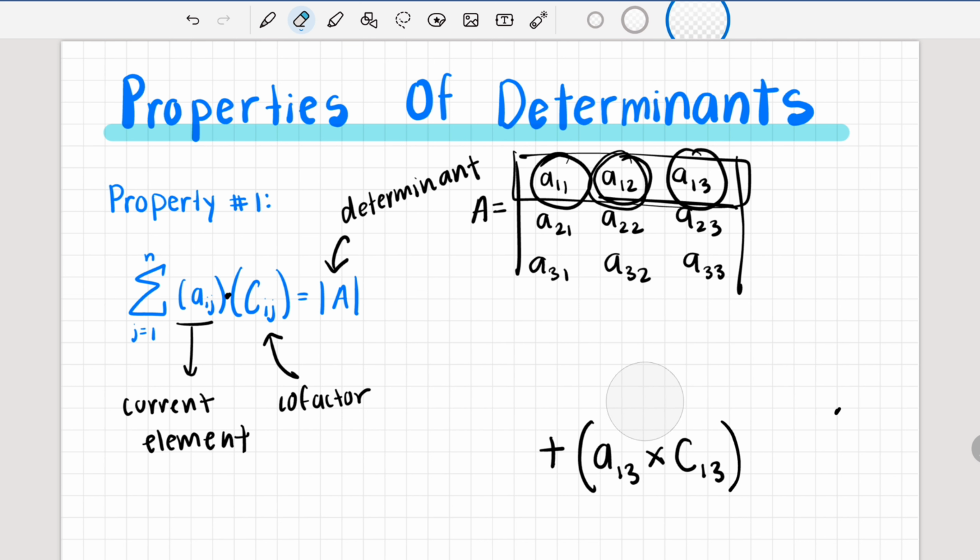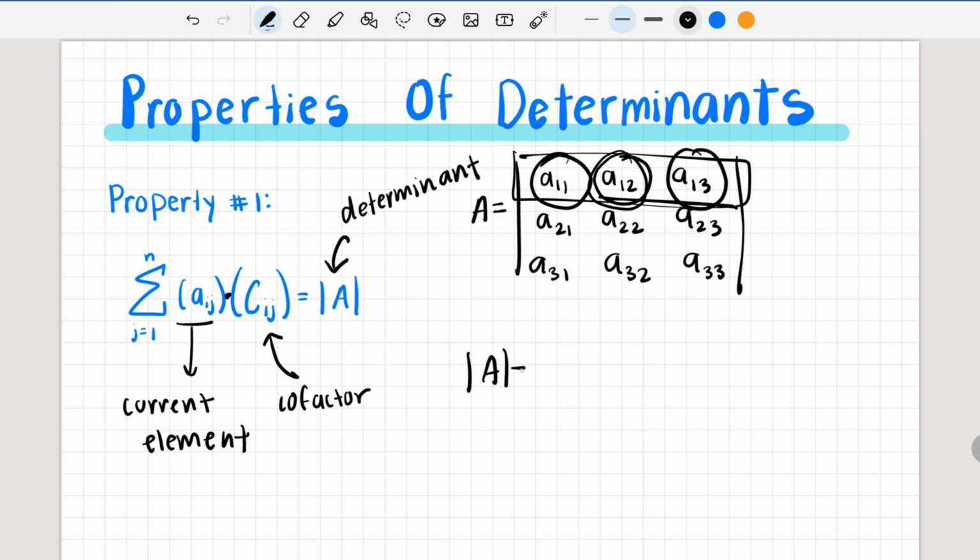Likewise, it doesn't always have to be the row. We can also have it in columns. So once again, let us have the determinant. And let's say now we are using this second column. What's the first element in that column? Well, that's A12.